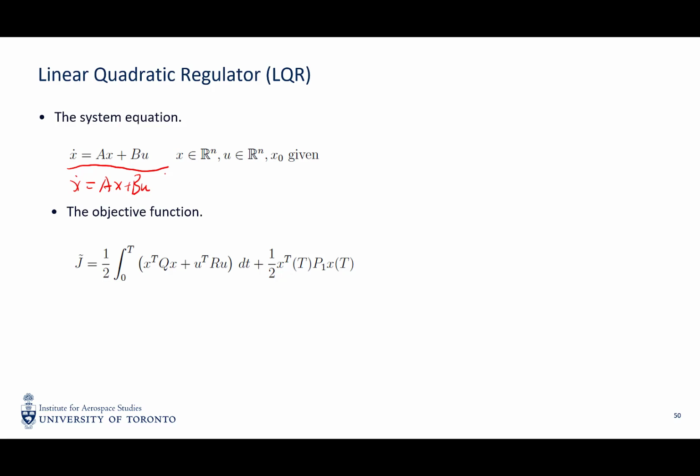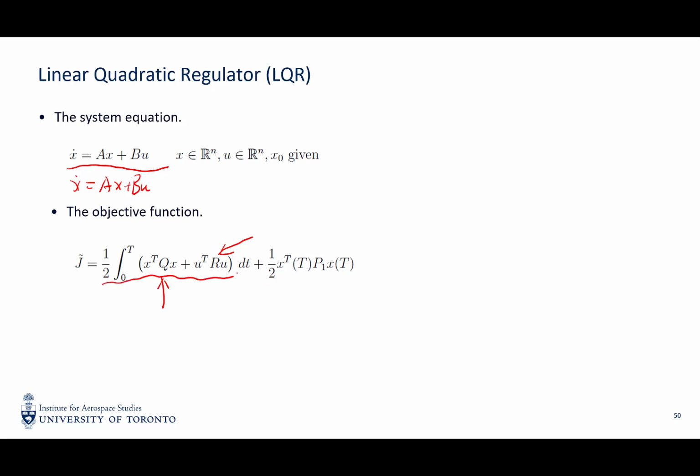Also, because the controller has an upper limit, we do not want to saturate the controller. So we also want to penalize the controller input during the motion. Based on these two ideas, we construct an objective function as follows. The objective function is composed of two different terms.